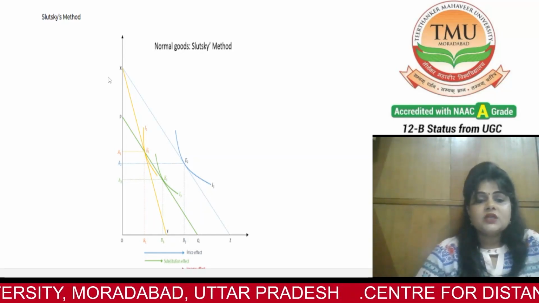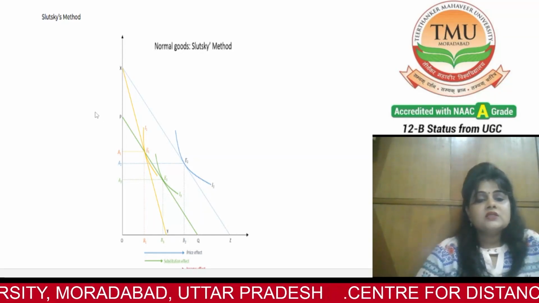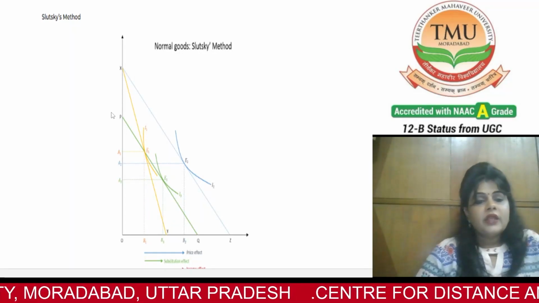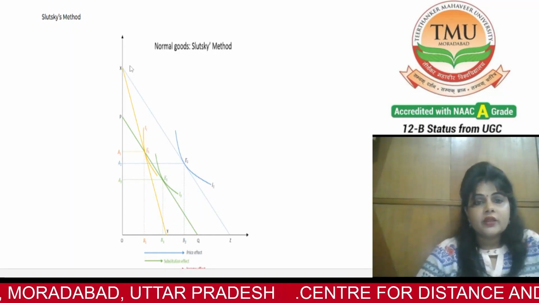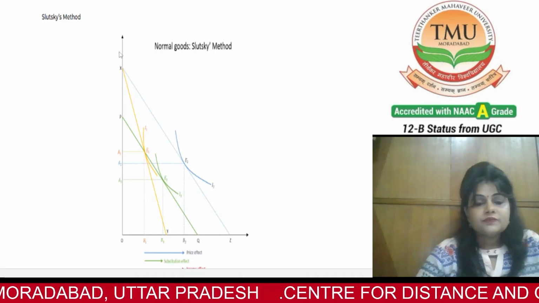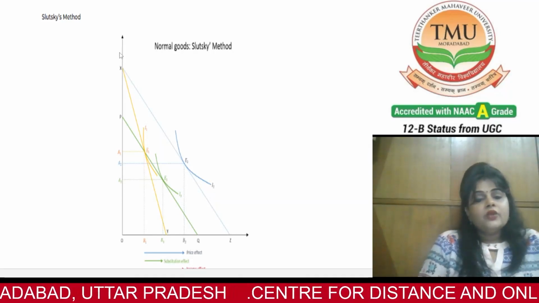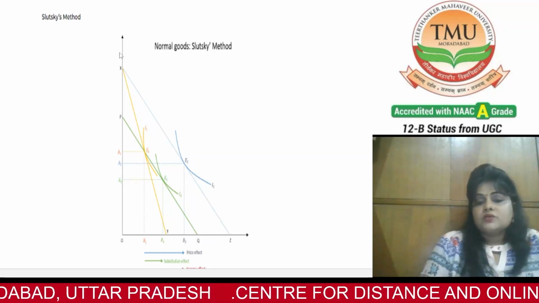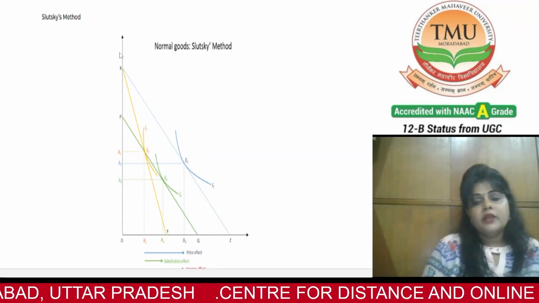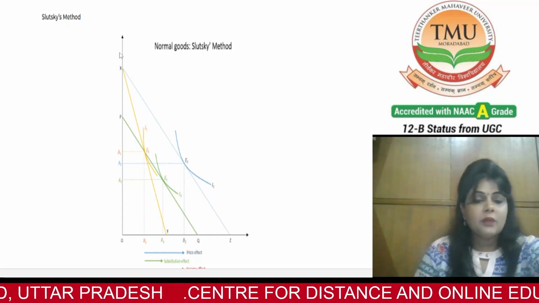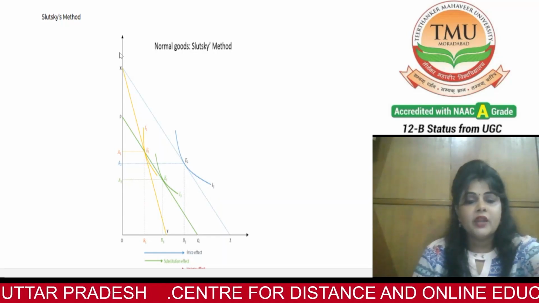On this new budget line, the consumer is at equilibrium on an indifference curve that gives higher utility. The quantity demanded of the commodity at this point represents the substitution effect because the income effect has been eliminated.